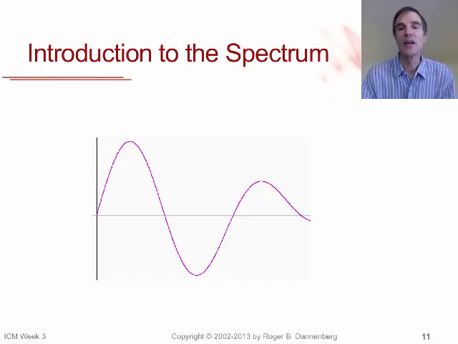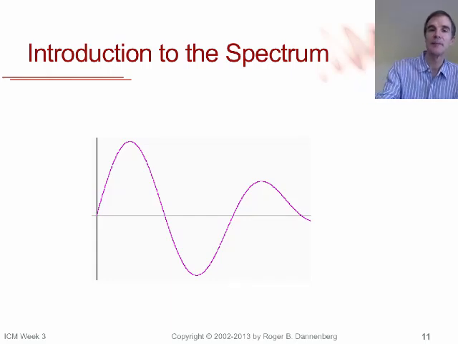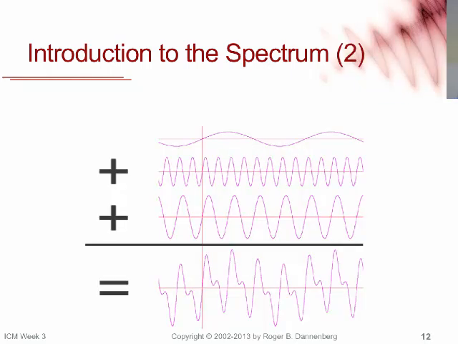But before we do that, we need to get some tools together, and primarily an understanding of the frequency spectrum. So to introduce that, let's start with this signal again. Any signal can be represented as the sum of sinusoidal components called partials.